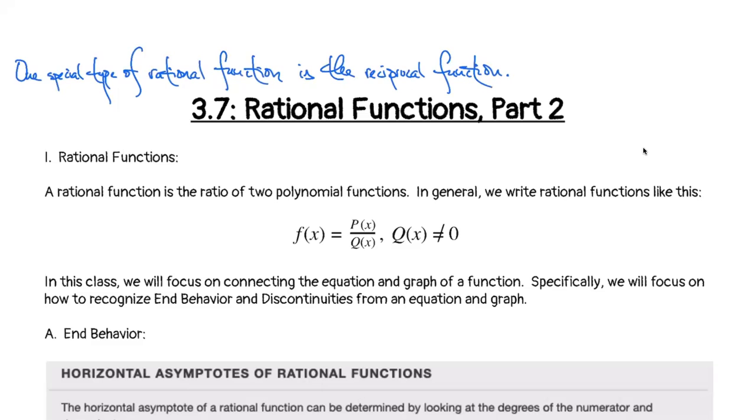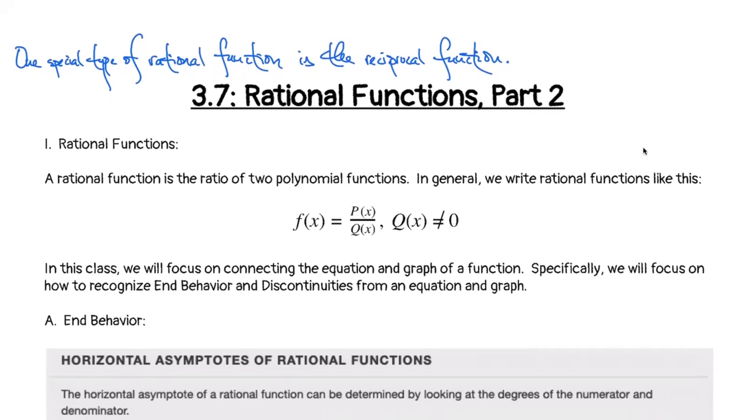The reciprocal function is just a special type of rational function. We did that one in 3.7 part 1, so we could think about how all these graph transformations that we've been studying actually apply to pretty much any graph or any function that we have.